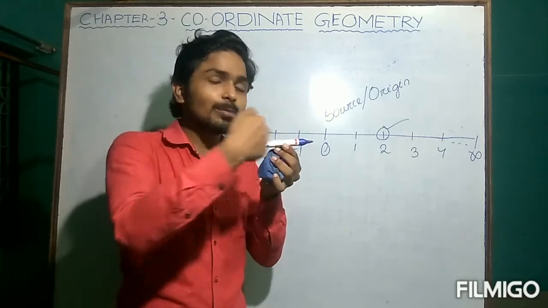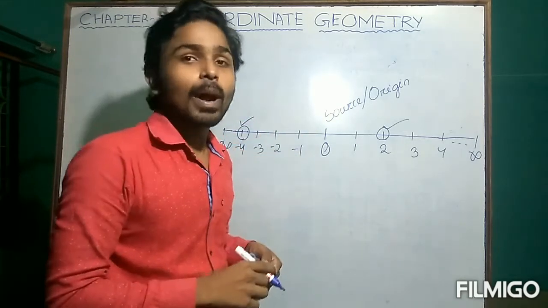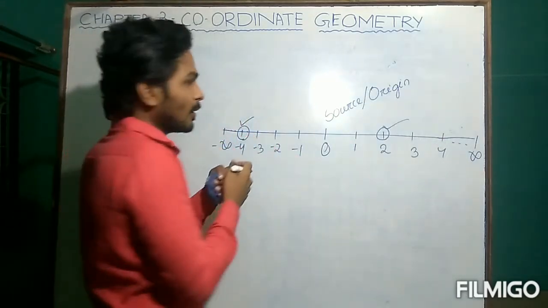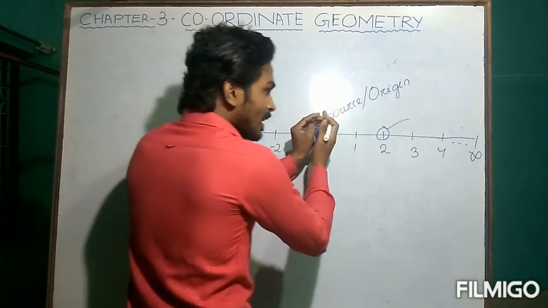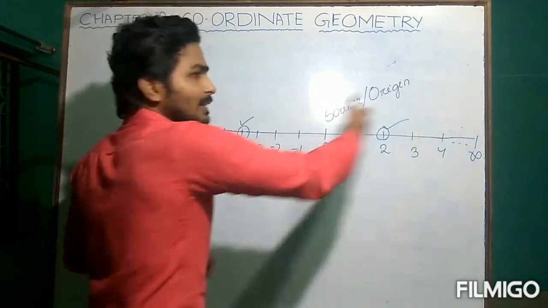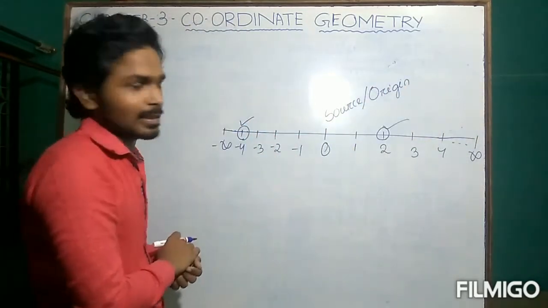Since we move through a single line, it is known as one dimensional, because it has only one direction. This is the origin, this is right, this is left.